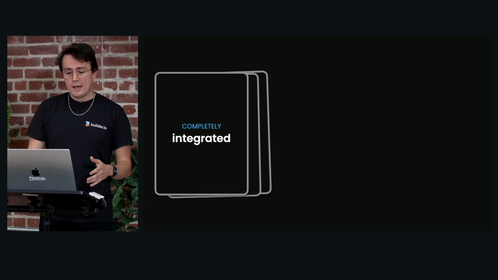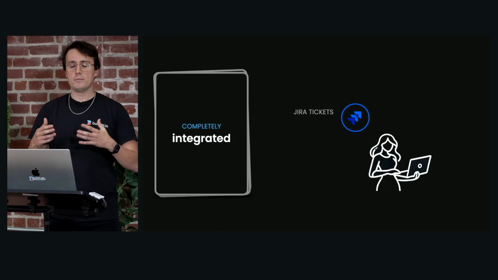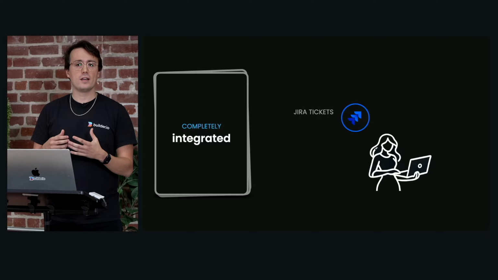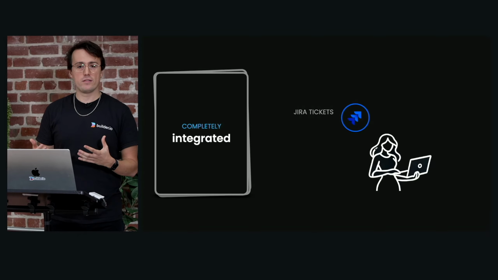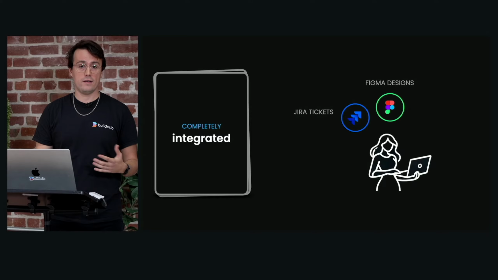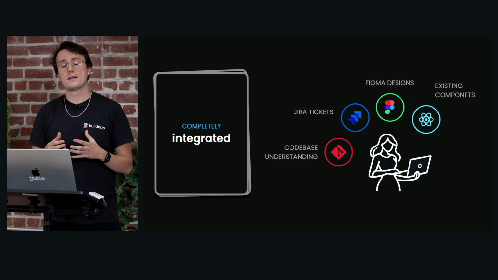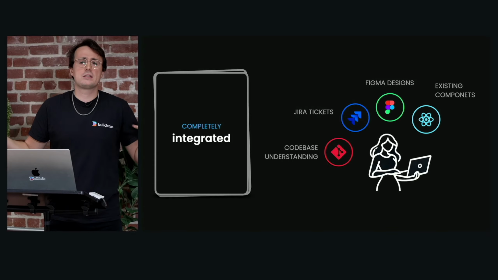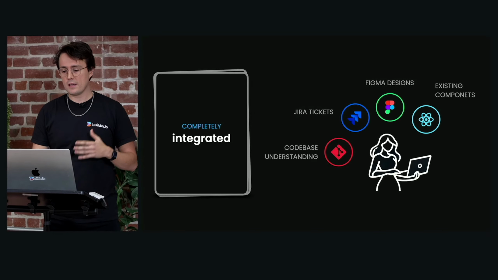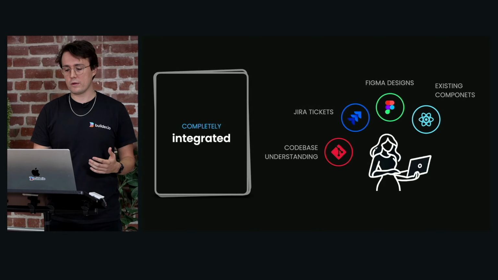So let's look at the completely integrated. You as a developer might know, I mean, it's kind of obvious that the content of a Jira ticket is not enough to get something done. You may have some relevant Figma design systems, the existing components, knowledge of the code base, and even politics within the organization. There's a lot of context that gets you to actually implement something that can be used within the company.